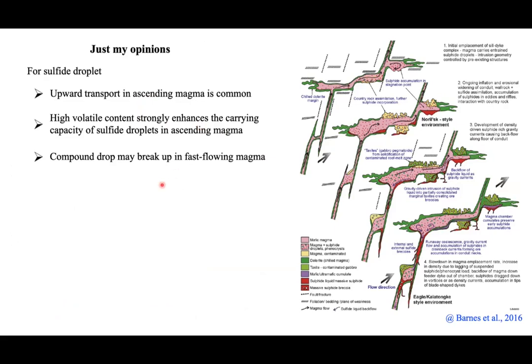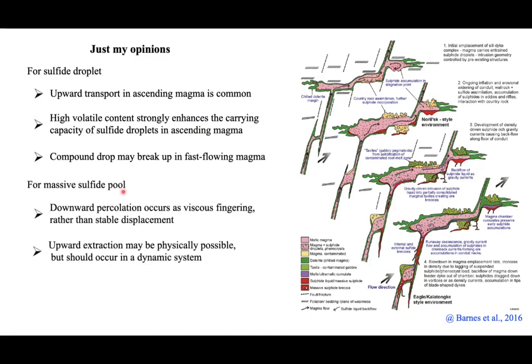But for the compound droplet, I think we should take care, because it may easily break up in fast-flowing magma. And for the massive sulfide pool, the downward percolation should just occur as viscosity fingering, not stable displacement.